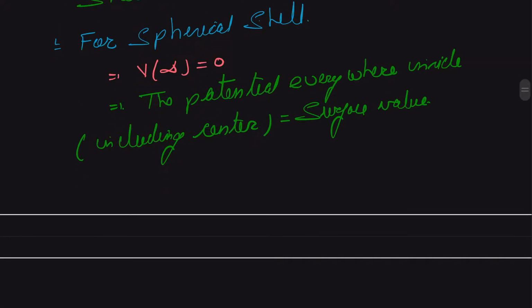Therefore, we can write that the potential at the center is equal to 1 upon 4 pi epsilon naught times charge Q upon the radius R.